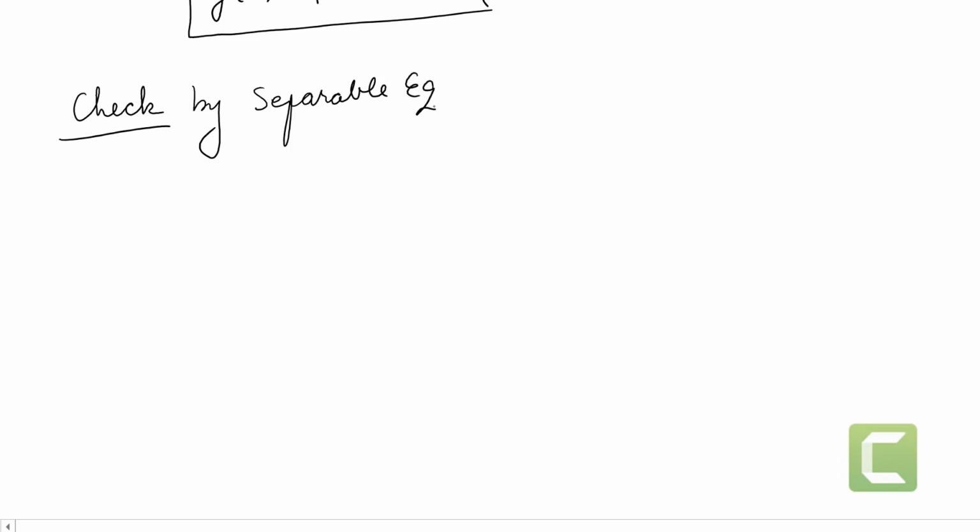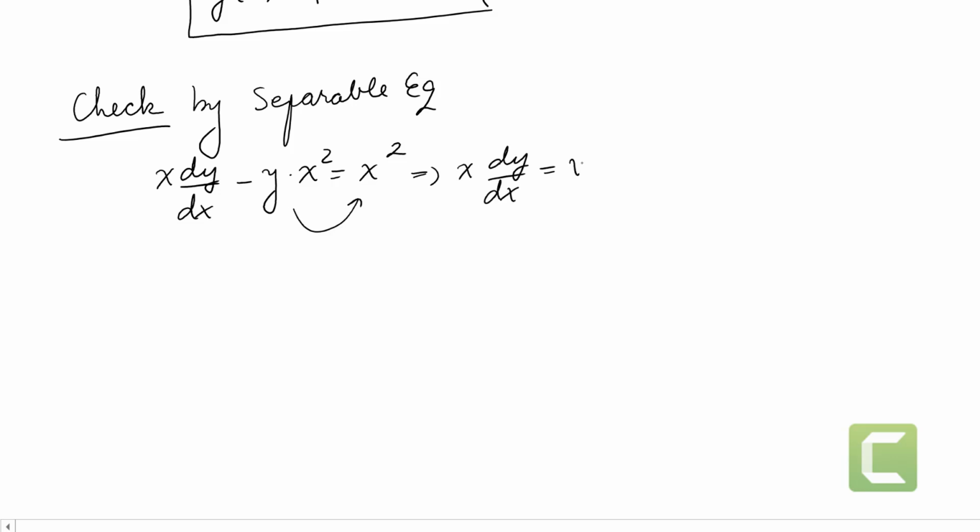So the equation was x dy/dx minus y times x squared equals x squared. So I'm going to move this to this side and factor it out as well. I'm going to get 1 plus y. Then I'm going to divide both sides by x and I'm going to get dy/dx equals x times 1 plus y.